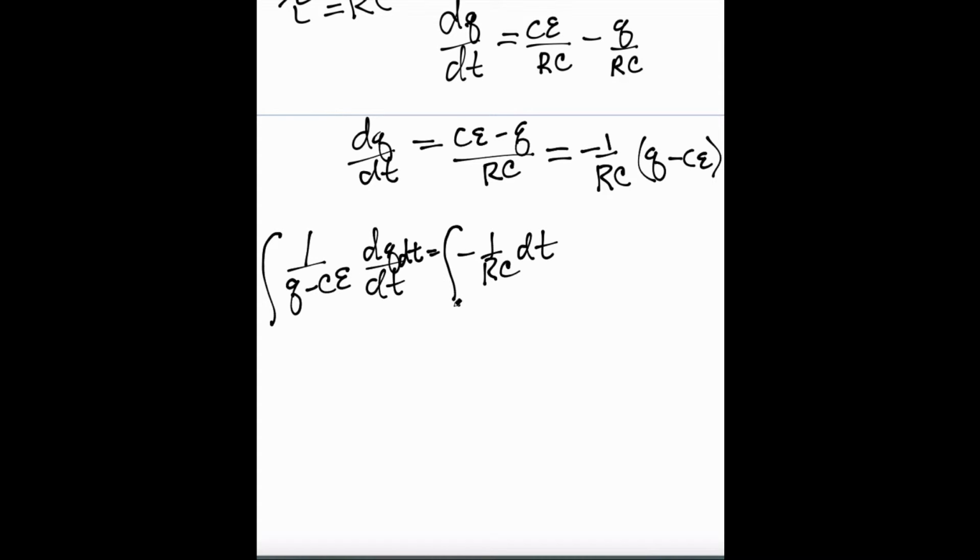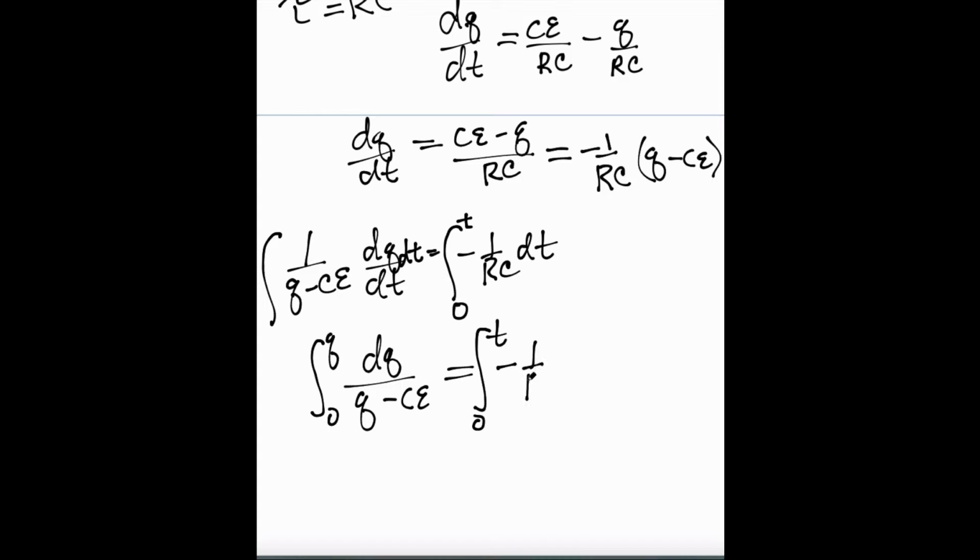Now I'm left with, and we're in an ambiguous state right here, we want this to go from 0 to time t, but this expression we rewrite as the integral from 0 to some charge q less than q max, of dq over q minus ce, and then we can leave the right-hand side as it was before. That's the integral from 0 to some time t, which again is less than the amount of time it takes to reach the maximum charge, of -1 over rc dt.